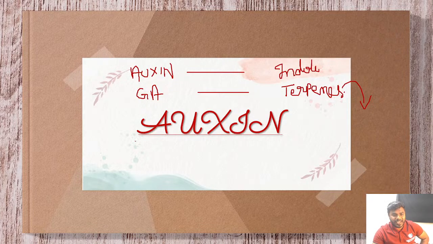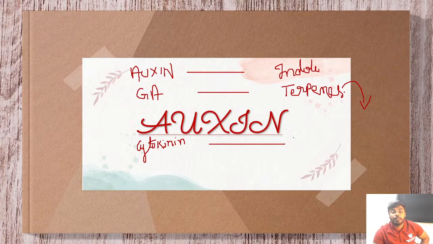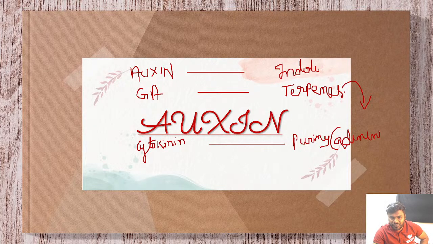Terpenes. Now the next one, cytokinin. Friends, please remember, cytokinin is basically derived from purines. Example of purine, especially, my friends, cytokinin is derived from adenine exclusively. Then friends, what is the other hormone now? Abscisic acid.